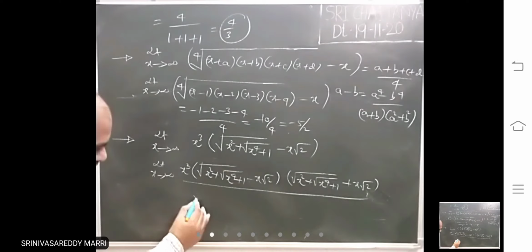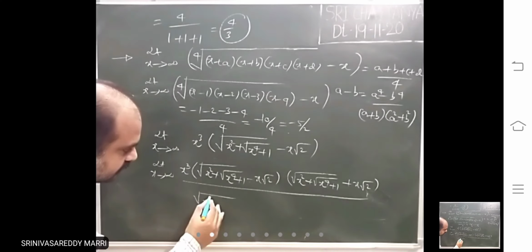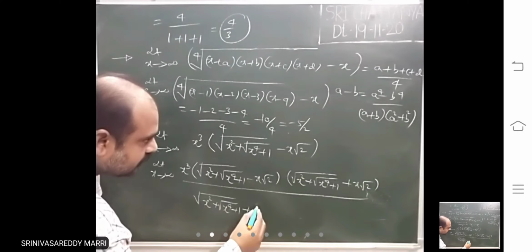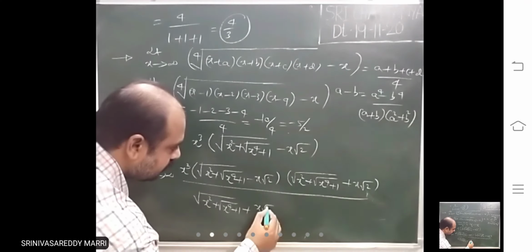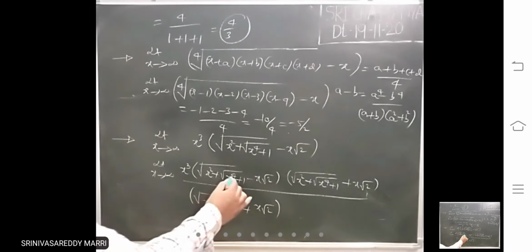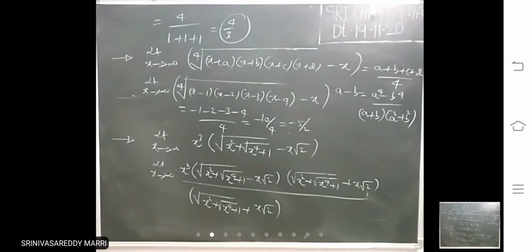Divided by plus. Multiply this with plus. Write this. So now a minus b into a plus b.